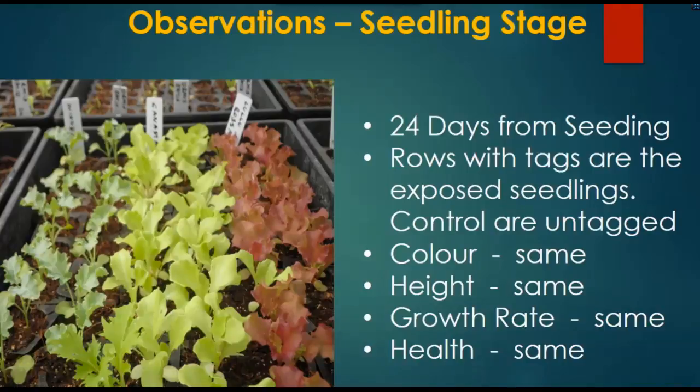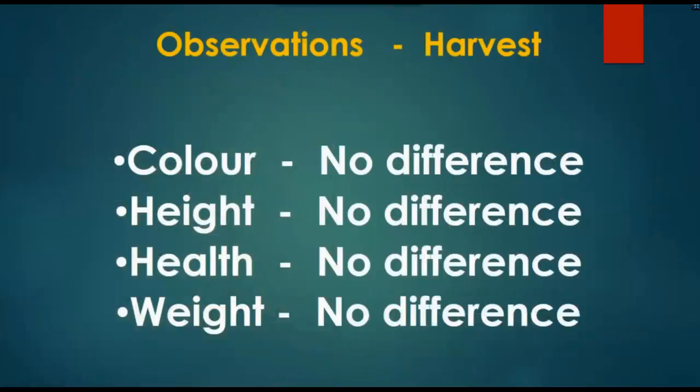So what we had found and came to the conclusion when we did harvest our lettuce at that time was there was no difference in the color that we had observed between the two, in terms of height and growth. Also no difference in the health of the plant or its weight.